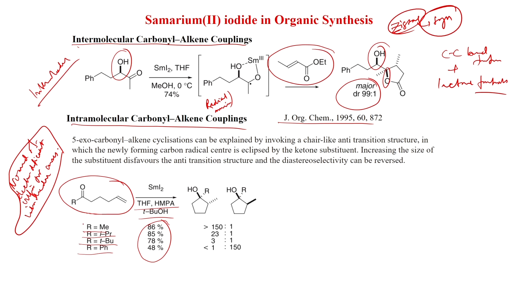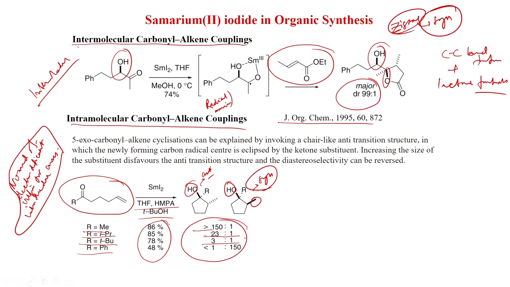But when you change this substituent, you get defined diastereoselectivity. So, this is OH and methyl, these are anti, and here OH and methyl, they are syn. In general the anti is more. When R is equal to methyl, you get greater than 150:1, R is equal to isopropyl 23:1, R is equal to tertiary butyl, you get 3:1.